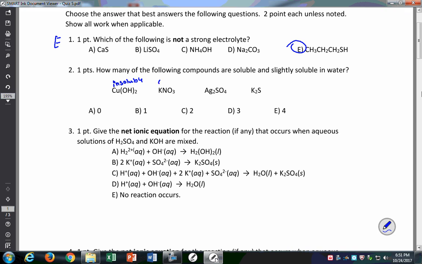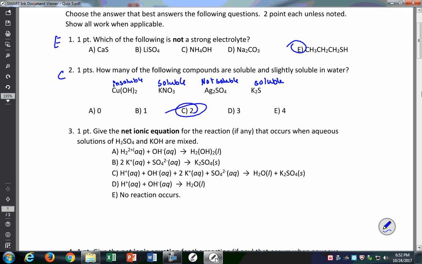KNO3 is soluble because again, you see that potassium. Ag2SO4 is one of the things that is not soluble. And you do need to know your solubility rules. And K2S is soluble. Again, you see that potassium. So the answer is 2.